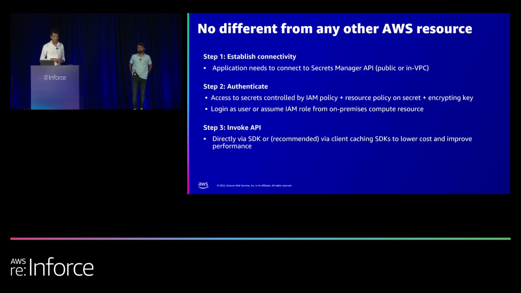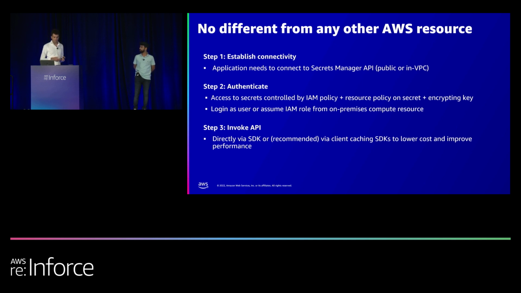We're going to dive deep into that in the next slide. Once you have those credentials, you can call into Secrets Manager via the API. Permission policies can be applied, which control which users or services have access to the target secrets. You can attach it via a resource policy or a permissions policy on the IAM entity that you're using to make that authenticated call.